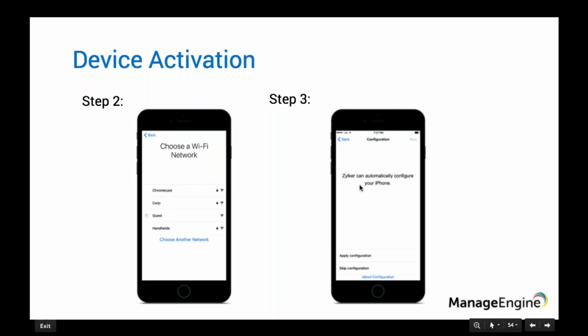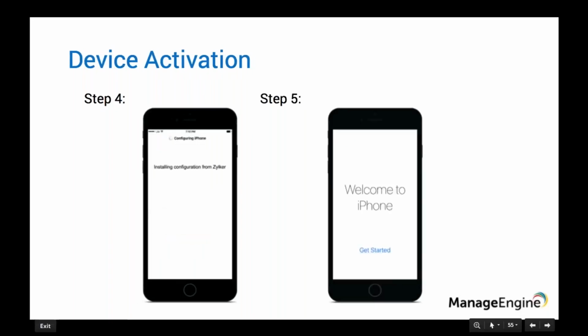Here, the user can either choose to apply the configuration or skip it. Once the Apply Configuration option is selected, the device gets enrolled on installing the configuration. As you can see here, there were no setup screens that were shown as we had configured it in Apple Configurator. Now the device is ready for usage as well as enrolled with MDM.